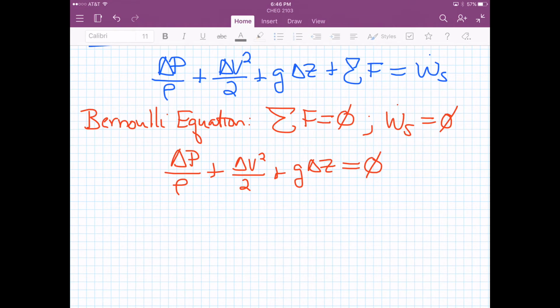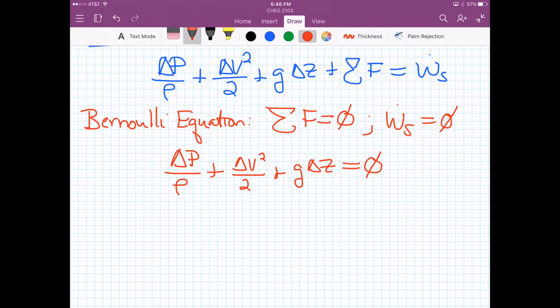And you can see that it basically involves the interplay between pressure of a fluid, which is a form of storing energy in the fluid, the velocity of the fluid, and the height of the fluid. So you can see how, if I wanted to, for example, pump fluid from a low point to a high point, from here, how would these three things interplay?